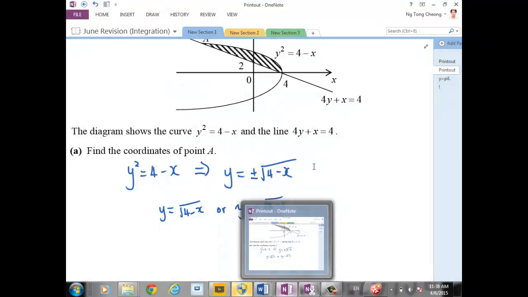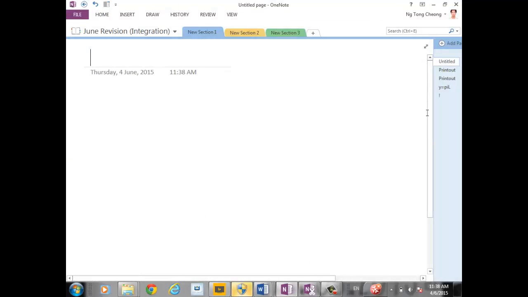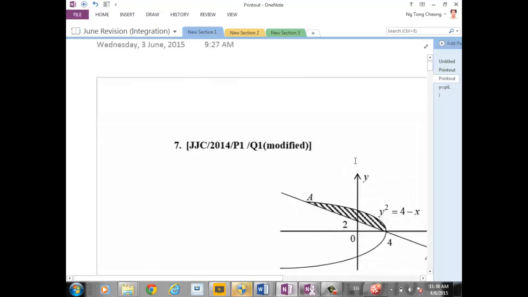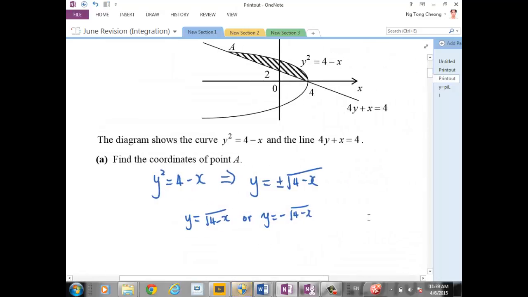If you look at this graph, your square root of 4 minus x is always positive. So this equation corresponds to this part of the graph which is above your x-axis, because all the y values are positive. Then for the negative one, y equals negative square root of 4 minus x, this will correspond to the one that is below your x-axis, because that's where all your y values are negative.